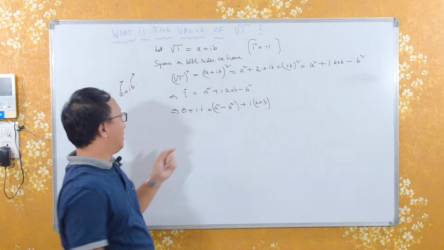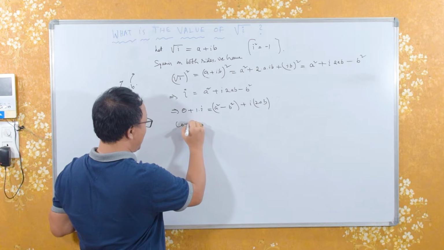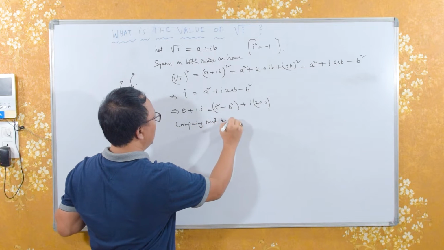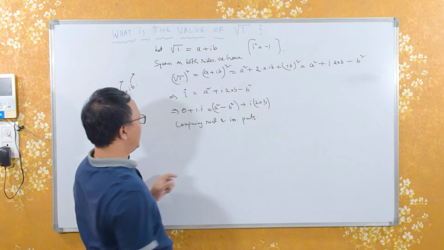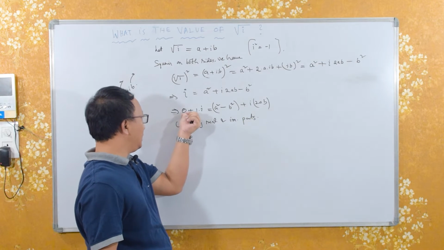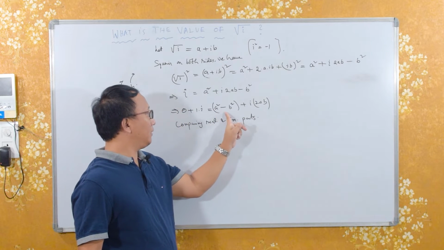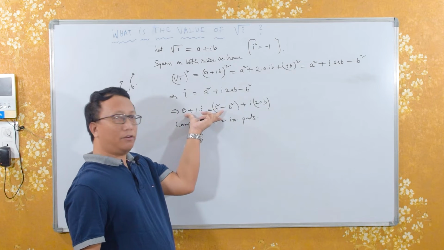Now let's compare the real and imaginary parts. On the left hand side the real part is 0. On the right hand side it is a² − b², because these are all free from i.